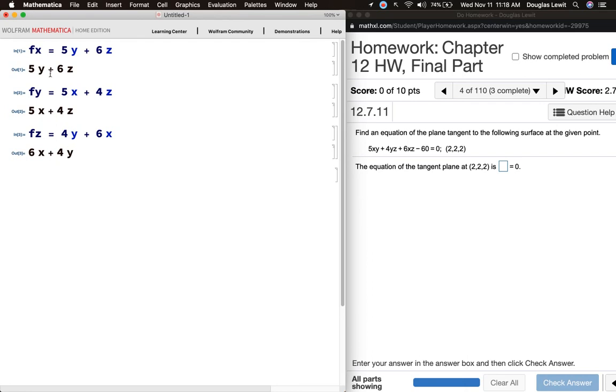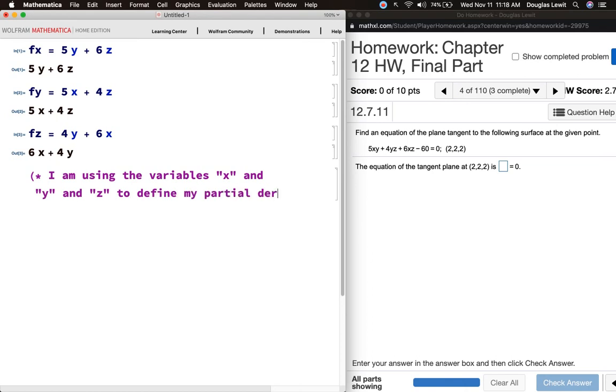I am using the variables x, y, and z to define my partial derivatives. Okay, terrific.